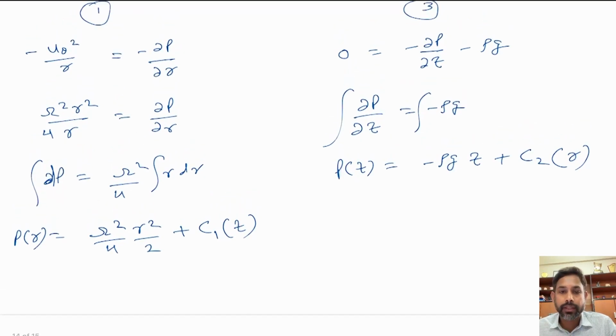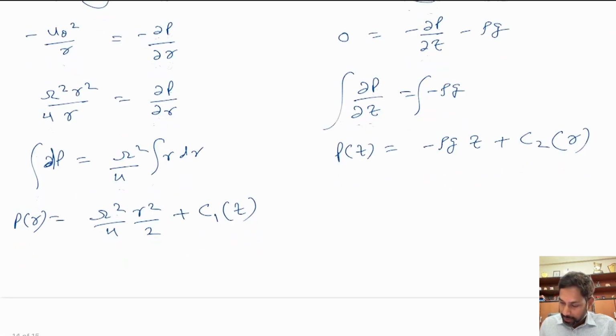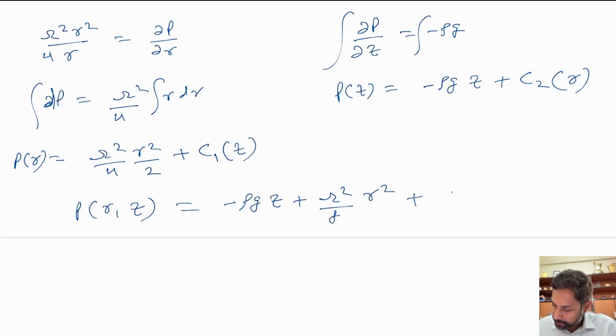So c1 is a constant in r but not in z, whereas c2 is a constant in z but not in r, and we don't know that, and that is why to find p of r z we can simply add these two equations, and this will become rho g z plus omega square by 8 r square plus some constant.